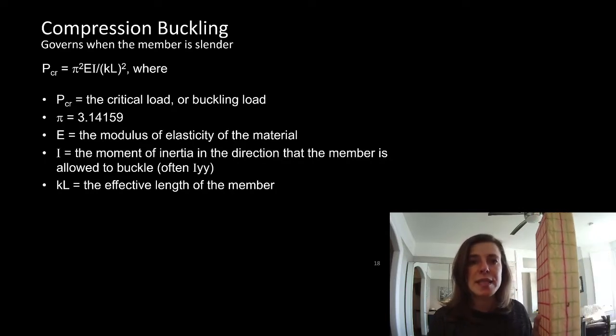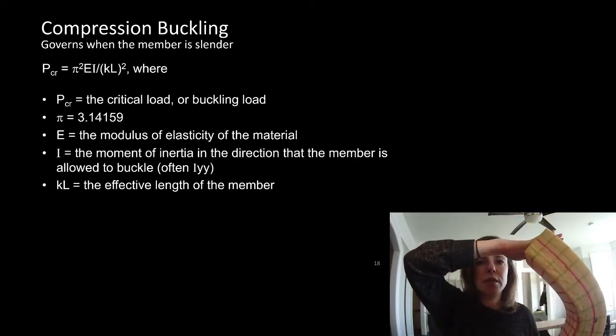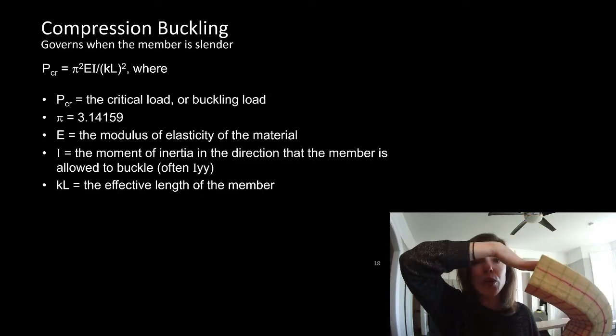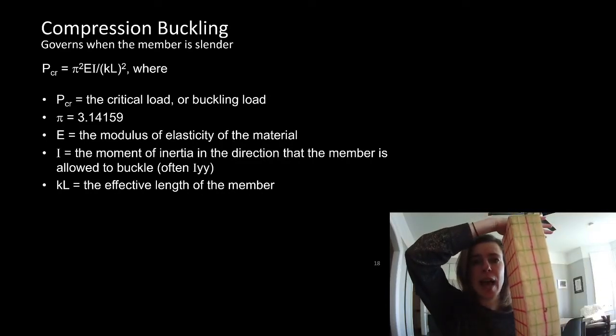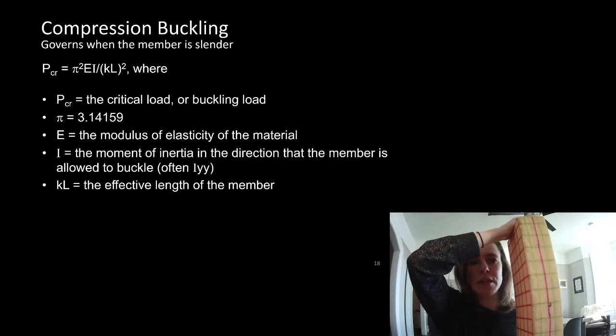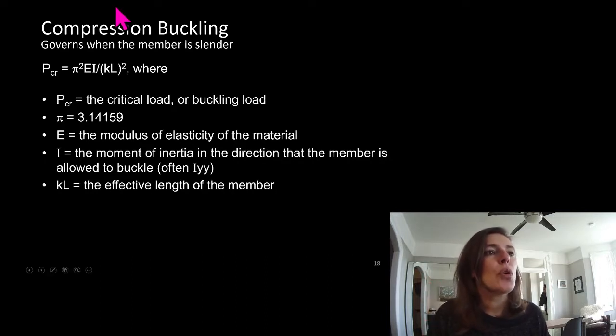So, if this element is this long, I want to know at what load does it buckle. What load do I need to apply? Because look, it doesn't seem to happen with a little bit of load and then all of a sudden it buckles. So that seems like a very critical load. And so the critical load or the buckling load is this equation here.